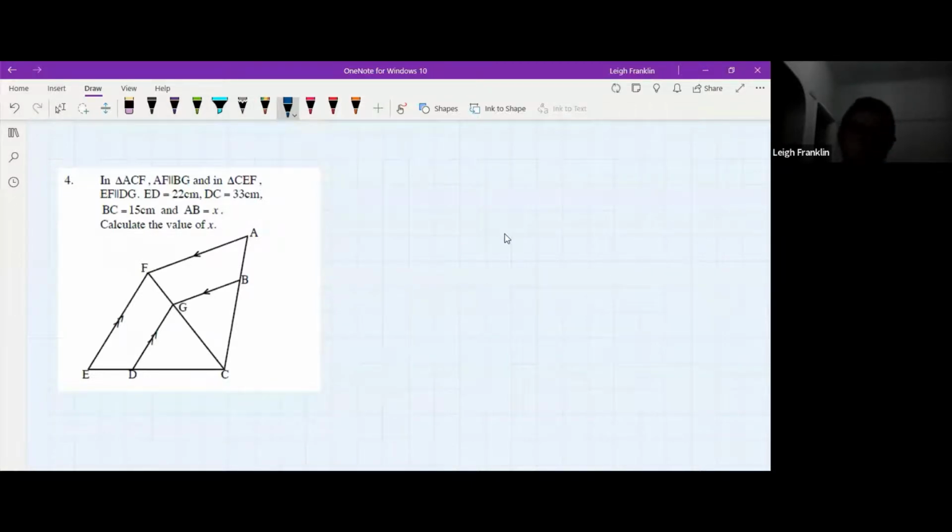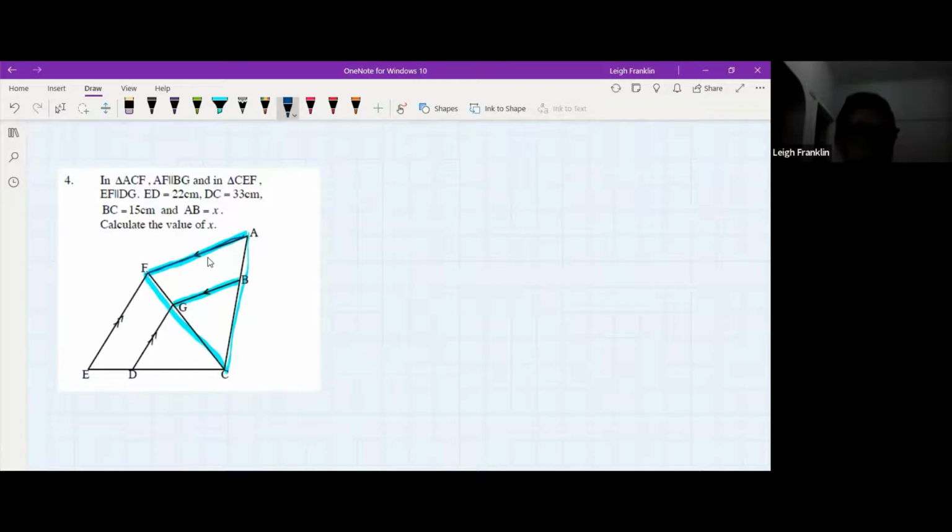So in triangle ACF, we've got AF, so that's this side over here, parallel to BG. Okay, and that means there's triangle ACF, fine. Let's just work with the other triangle.